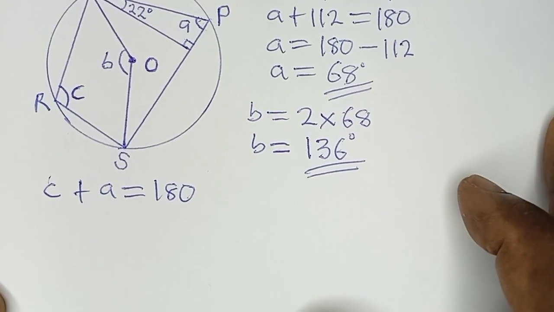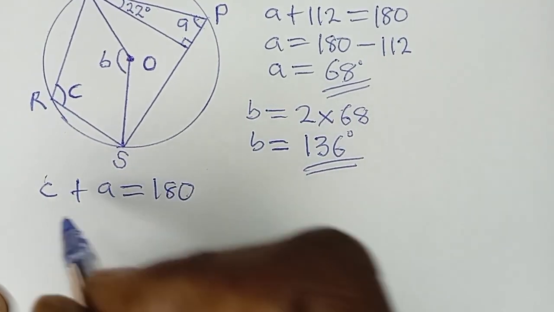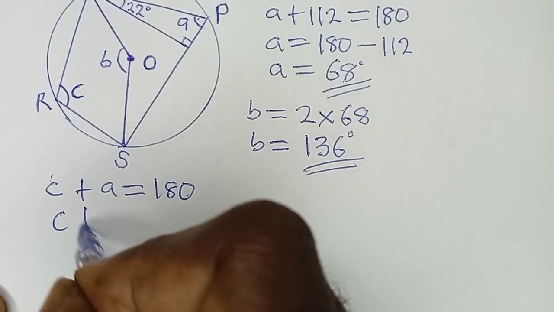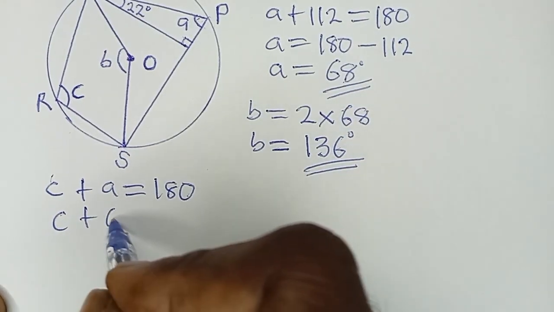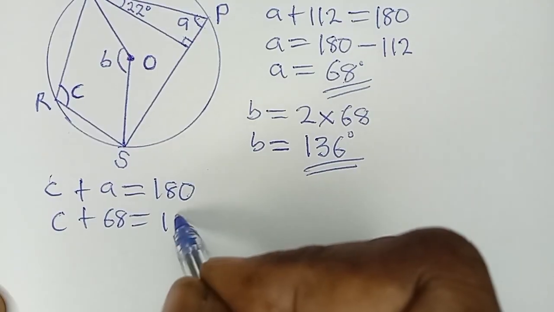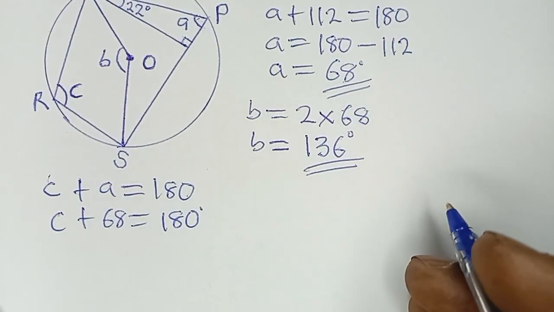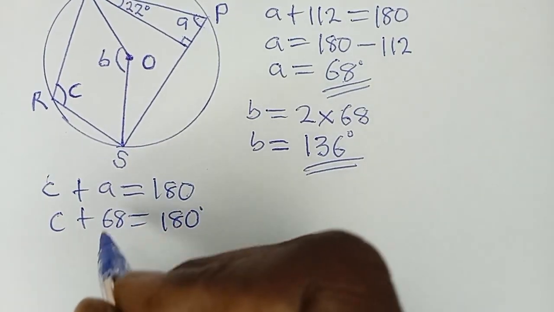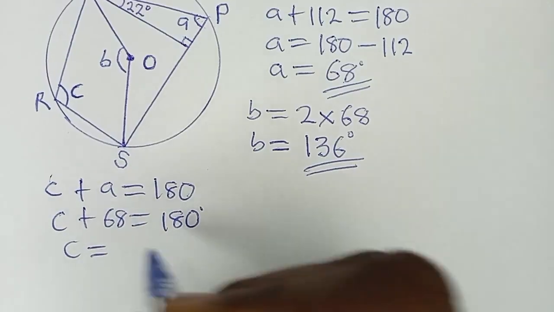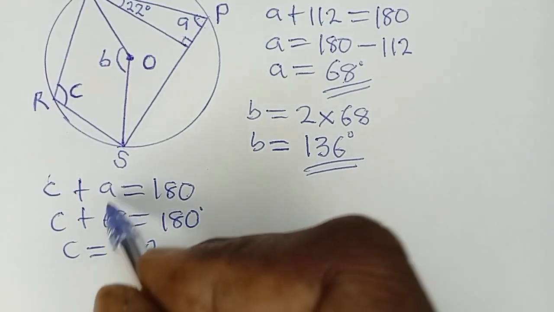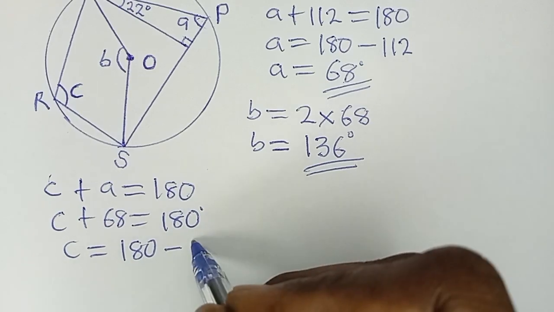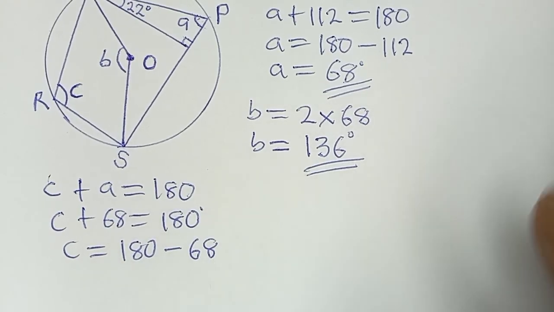And then from there, I can move on and say C plus angle A, which is 68, C plus 68 is equal to 180 degrees. And then I can now say C will be equal to 180 degrees, and then this positive 68, once it comes to this side, becomes negative 68.